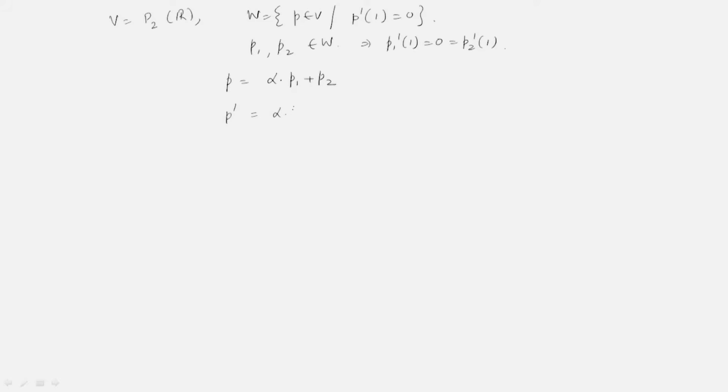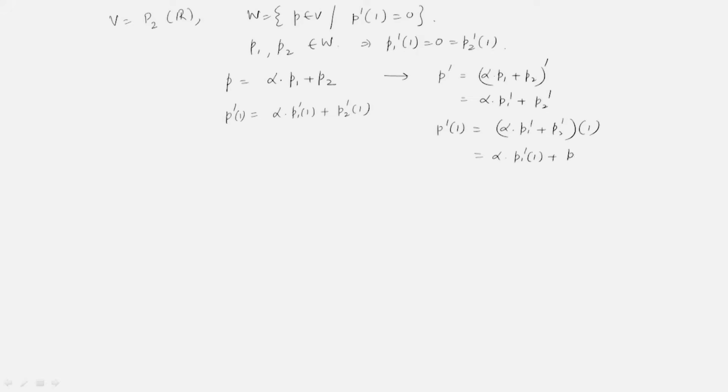It is alpha dot P1 dash plus P2 dash, where dash means derivative. Now, the derivative at 1 is alpha dot P1 dash at 1 plus P2 dash at 1, which is this statement.